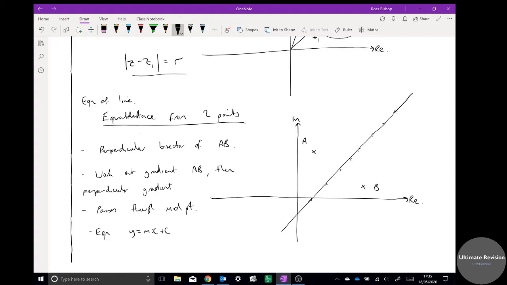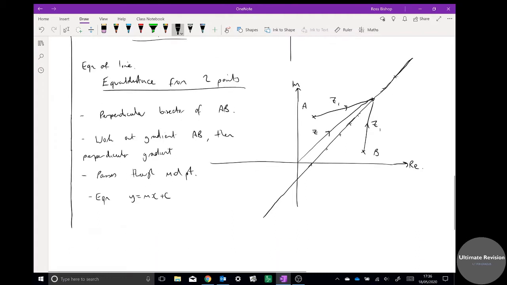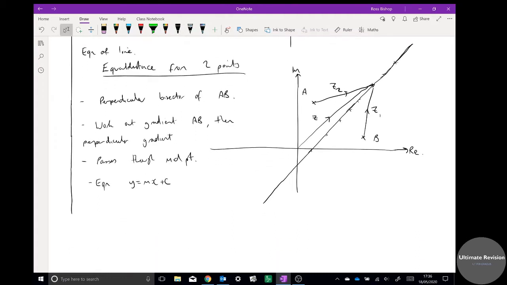Now if we go back into the imaginary domain, we're in the imaginary plane here, using this as an Argand diagram rather than a set of axes, any point along here could be described as vector z. That's standard, so we could call that vector z, or complex number z. It means the same thing. Okay. Now by definition, if it's equal distance from 2 points, this vector here, let's call that one z1, and z2, well they will have the same distance, won't they?